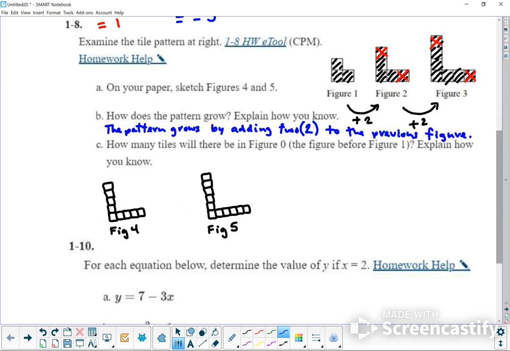And you can say how exactly: you're going to add 1 to the bottom row, and you're going to add 1 to the column. I ran out of room, but you can definitely add more. You can probably write it right here.